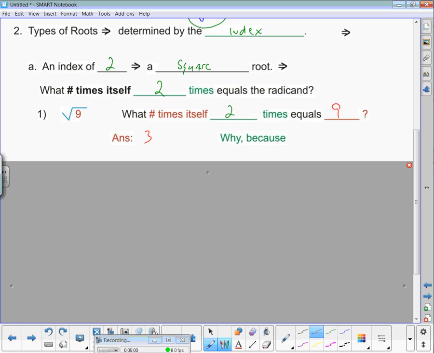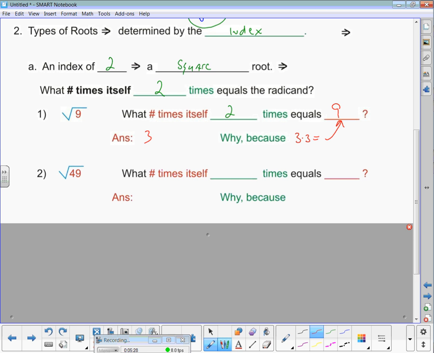What is the radicand? It's a 9. So that's the question: what number times itself 2 times equals 9? And of course the answer is 3. Why? Because 3 times 3 equals 9. A 3 times itself 2 times equals the radicand. All right, so number 2.